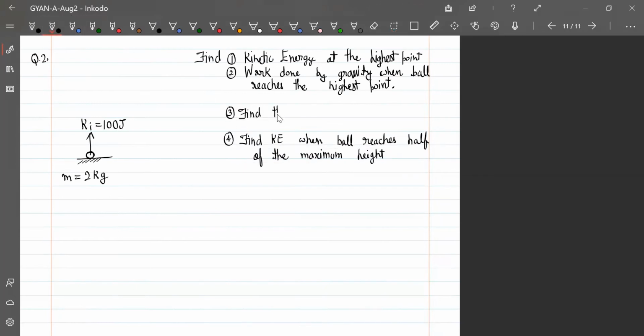Find the height at which kinetic energy is half of maximum. Kinetic energy is half of maximum. Solve this question.